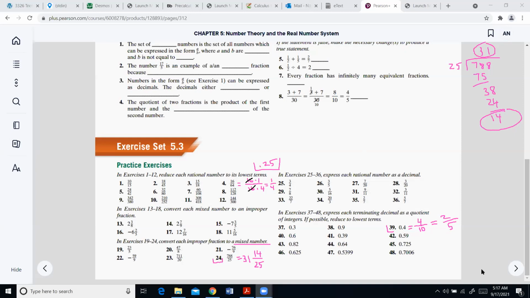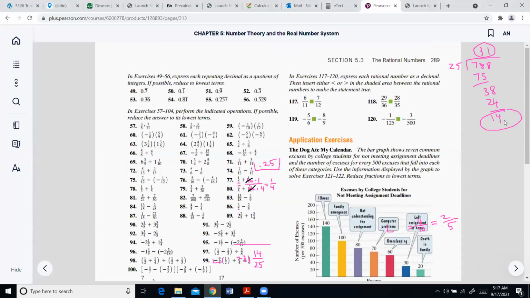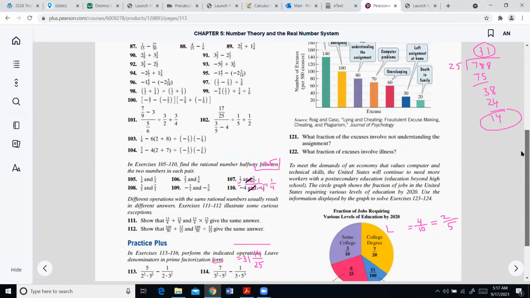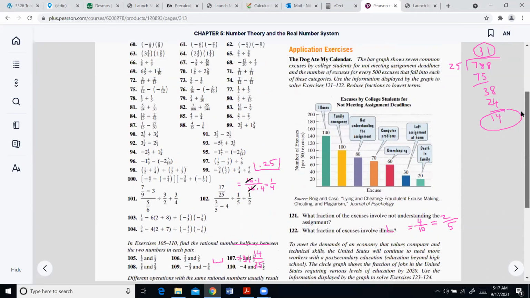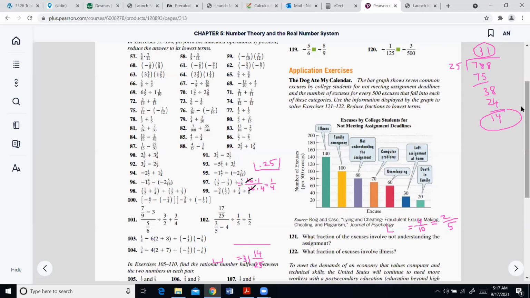So let us move to the next page and keep working with these little fractions. It looks like the problems are here until practice plus, so you can look at the exercises on that page and try to deal with some of those. Let's say I start with exercise 72.